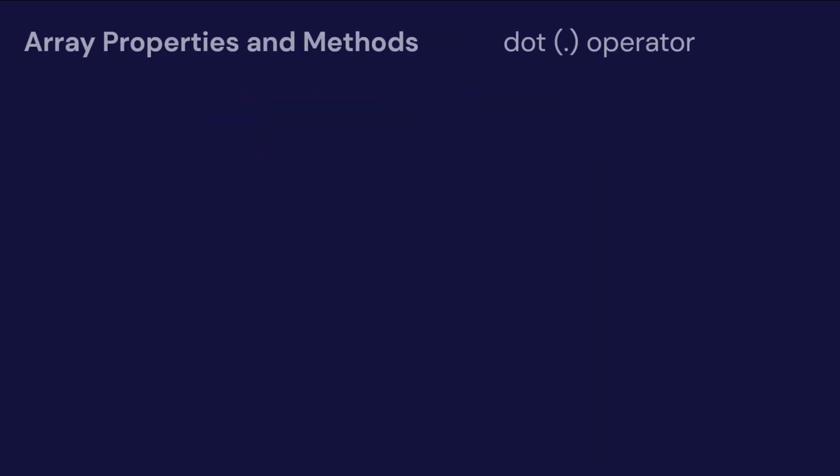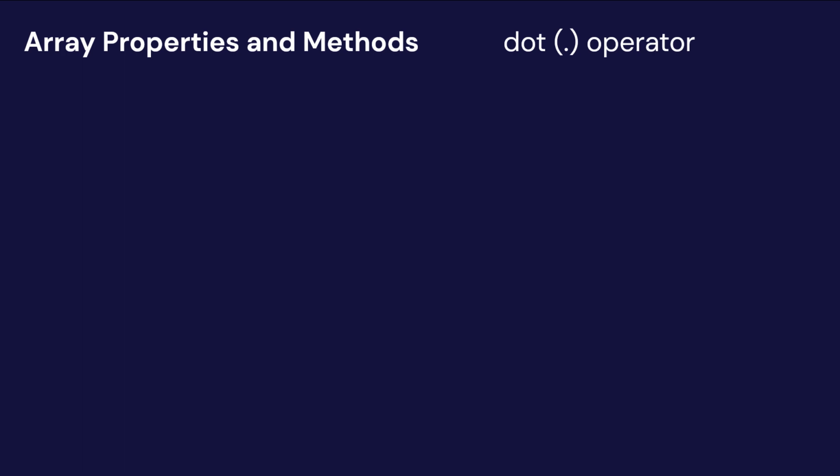C# comes with a number of useful properties and methods that we can use with an array. We'll learn more about properties and methods when we discuss classes. For now, all we have to know is that to use a property or method, we need to use the dot operator. To use a property, we type the property name after the dot.